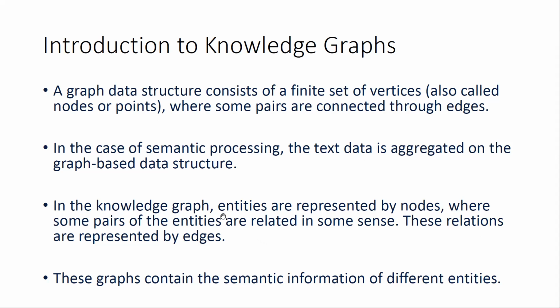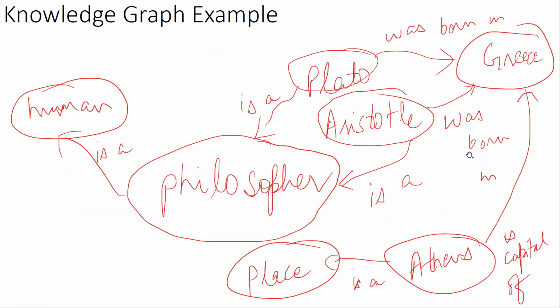So we all understand how this works, and it will be something like this: there are multiple nodes and there is an edge which is telling us the relationship. This is entity 1, this is my entity 2, and this is how the relationship is. So this is the basic understanding of how this knowledge graph works. So let's look at this diagram which is giving me a basic understanding of how this knowledge graph works.